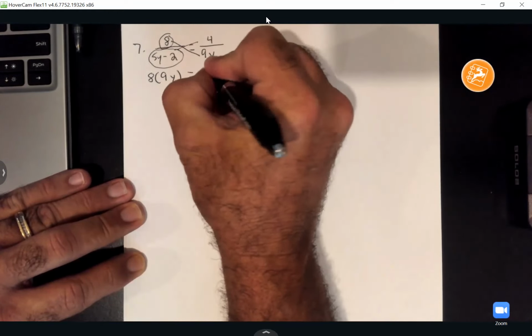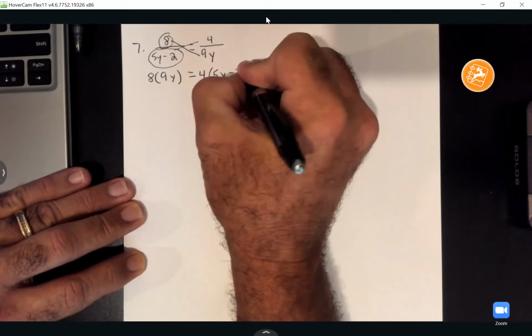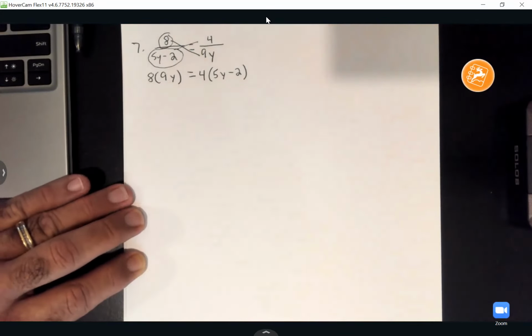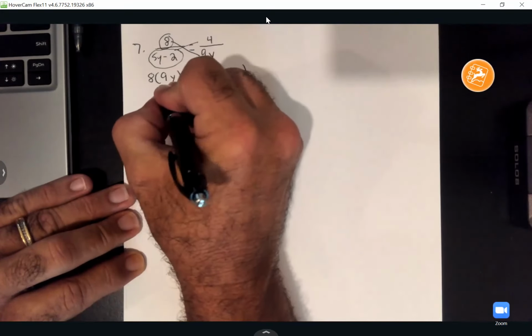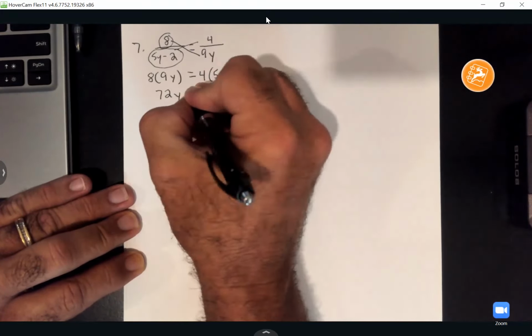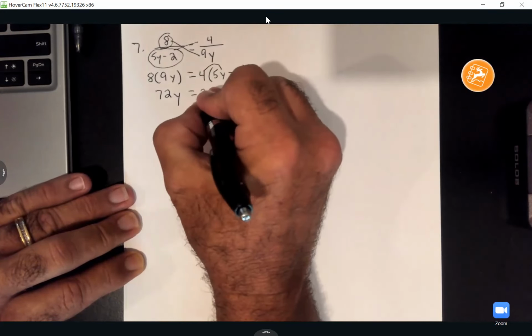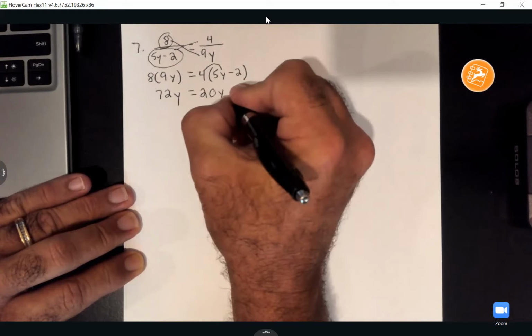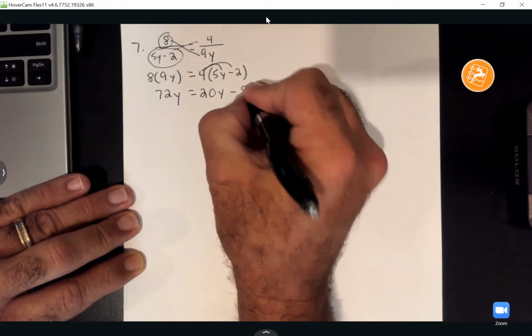So that'll be 4 times (5y − 2). Let's see what we get. 8 times 9 gives me 72y. Over here, 4 times 5y gives me 20y, minus 4 times 2 is 8.